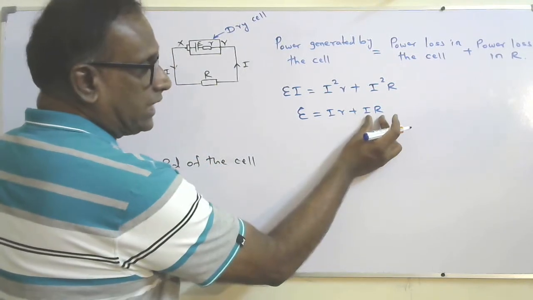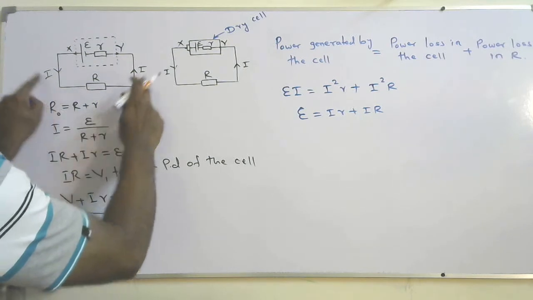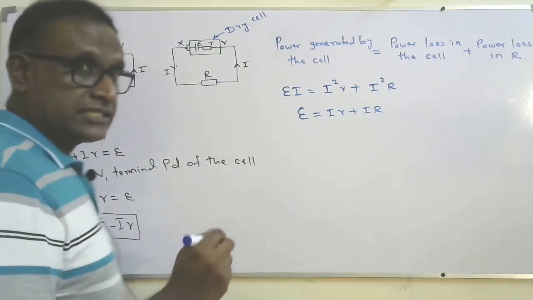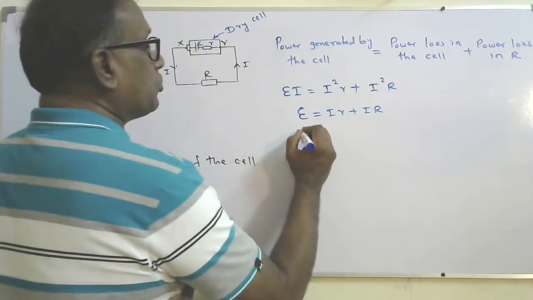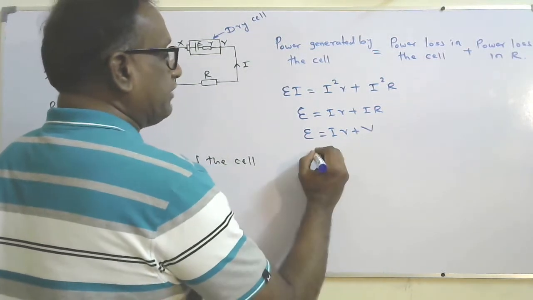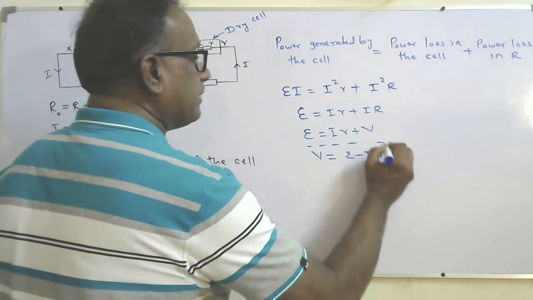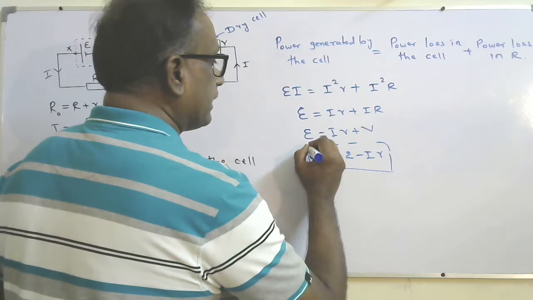But we know IR is the voltage across the external component. That will be the same as the terminal potential difference. I denote it by V. So EMF equals Ir plus V. Make V the subject: V is equal to EMF minus Ir. So I got the same equation as I got before.